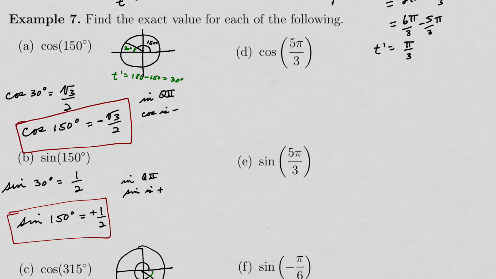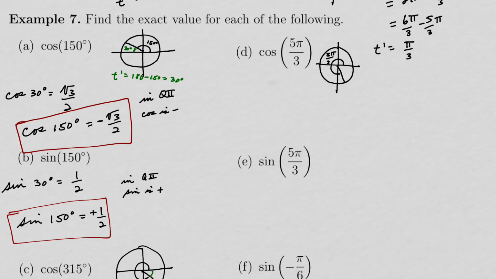So, first of all, if we're talking about cosine of 5/3 pi, right? Remember, 2 pi is a full rotation, so this is not quite a full rotation. So I guess in this case, we're going to be in the fourth quadrant. So this angle right here would be 5/3 pi, right?